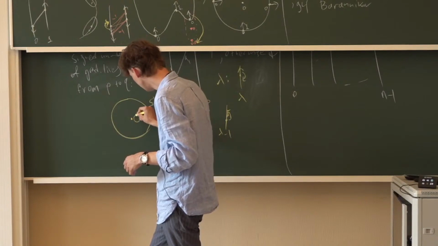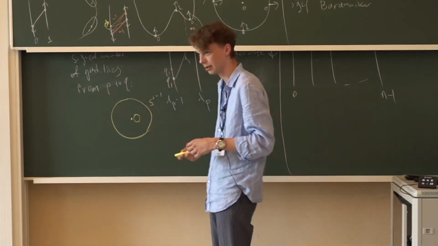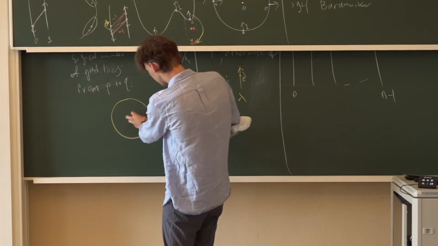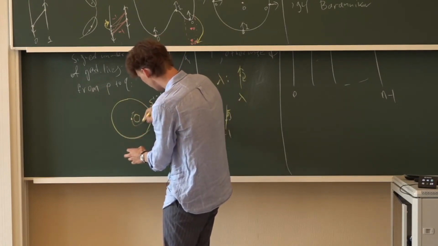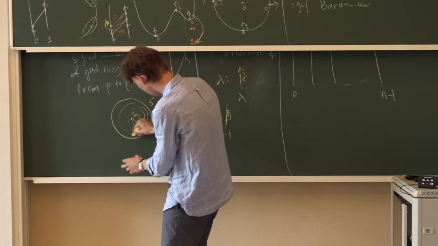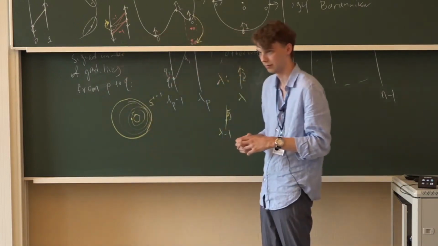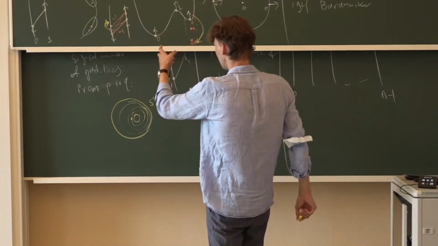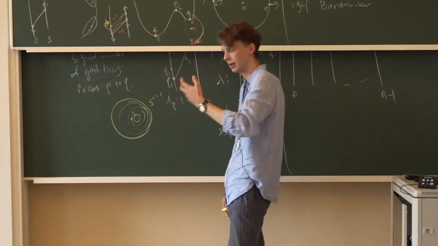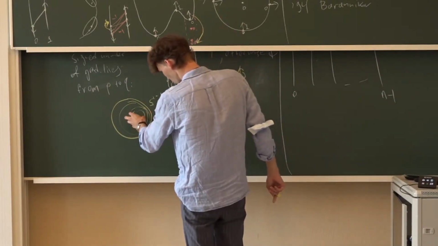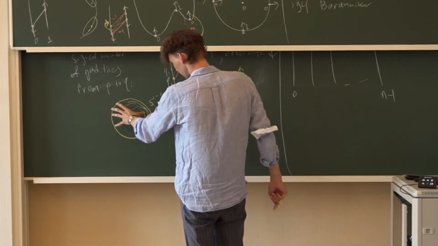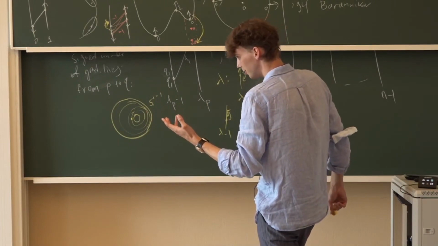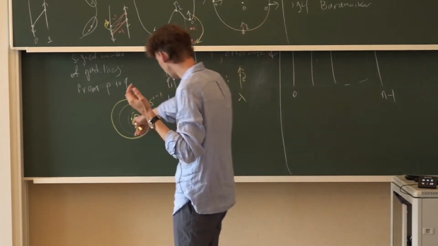Let's look at the small sphere here, and let's look how the function changes when we go from the smaller sphere to the larger sphere. And yeah, as we know how the Morse-Barannikov complex can change when we go from the small sphere to the larger sphere, we obtain some obstructions to the existence of such a function.